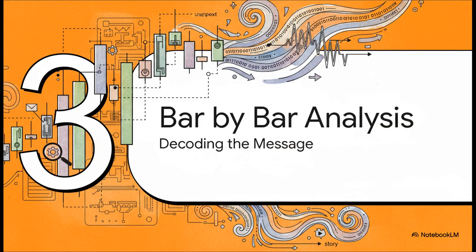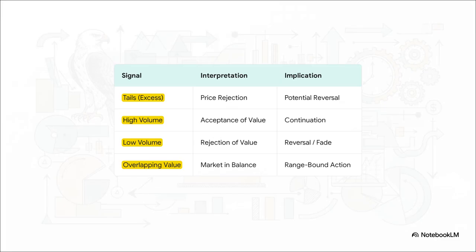So to really get that context, you have to learn how to decode the story that every single bar is telling you, and I mean with extreme precision. Every little part of that bar is a critical piece of data. Every piece of a price bar is telling you something. A strong close, let's say in the top or bottom quarter of the bar, that's pure conviction. One side is in control.